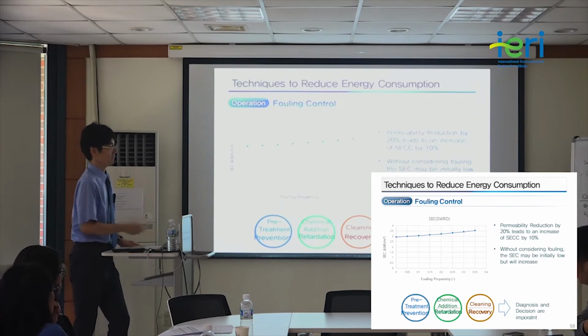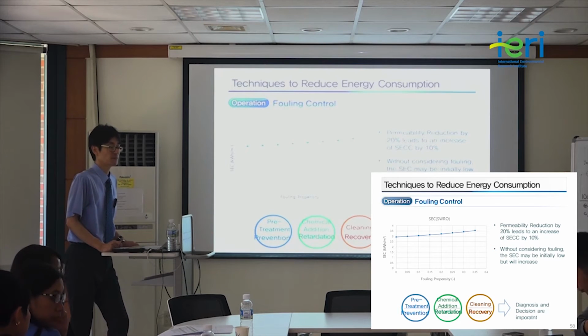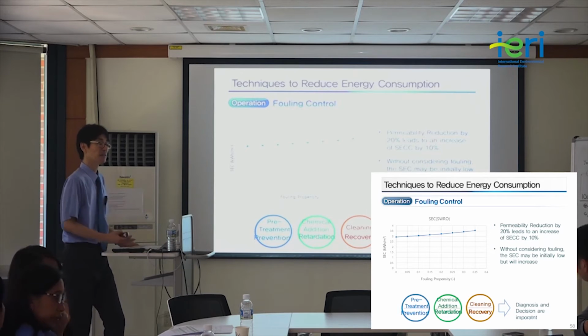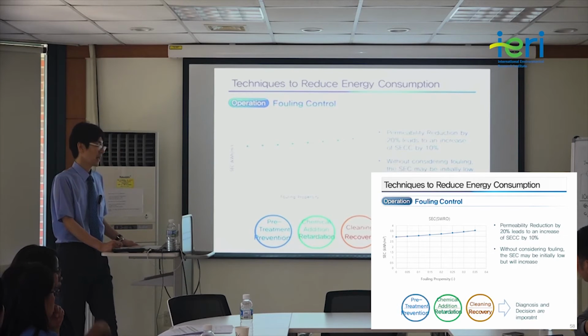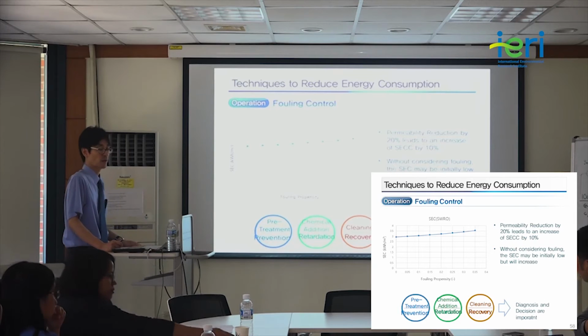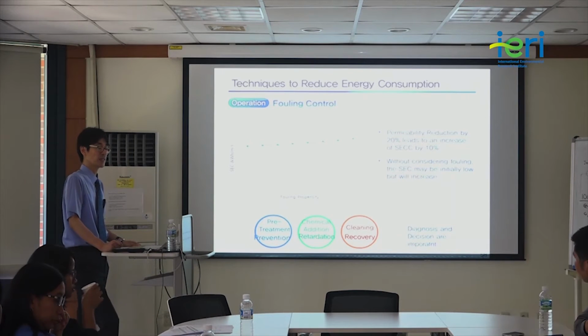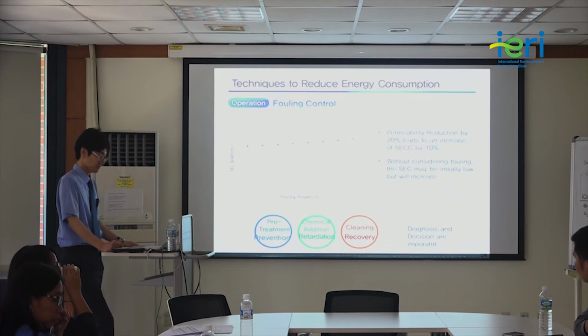So diagnosis is very important, but we always have to decide something with very uncertain information, so it's a very tricky part. But in the plant where there are a lot of experienced engineers, they know how to handle this membrane fouling.